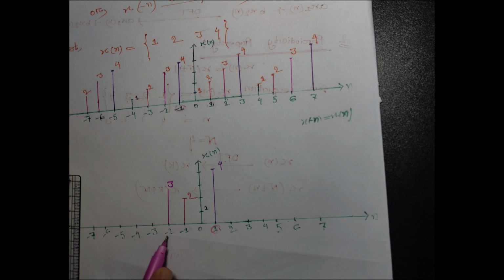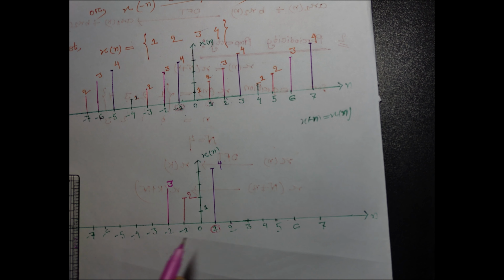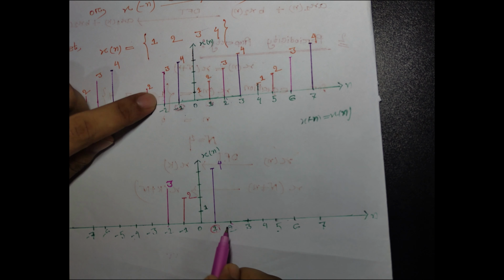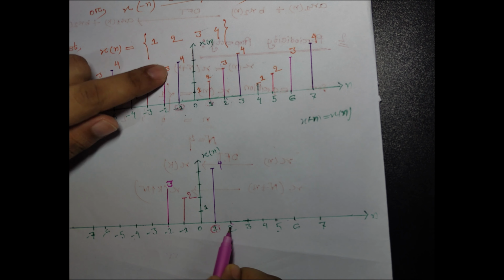Minus position values come to plus positions, and plus position values come to minus positions. And when n equal to plus 2, the value is 3.